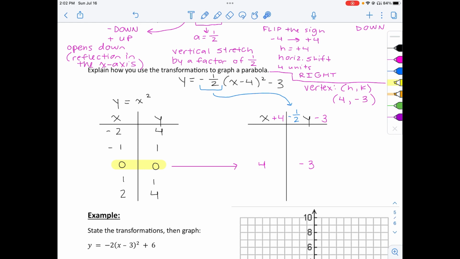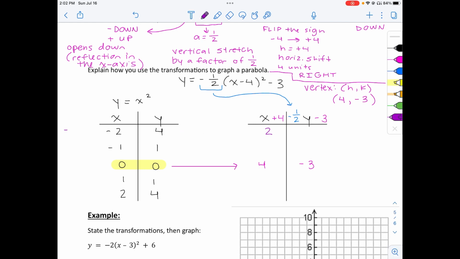Okay, so if I take a look at this, I'm going to show this in a different color. I'll show it in purple so it's not the same as that. So my x values, I'm adding 4 to all of them. Okay, so I'm going to do negative 2 plus 4. That's going to give me positive 2.